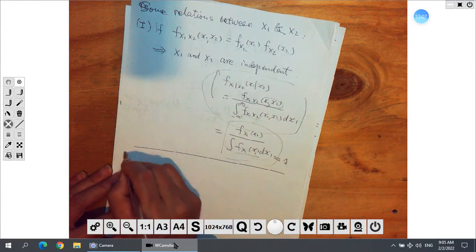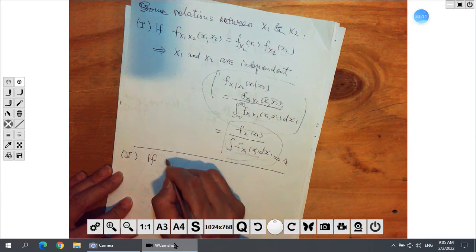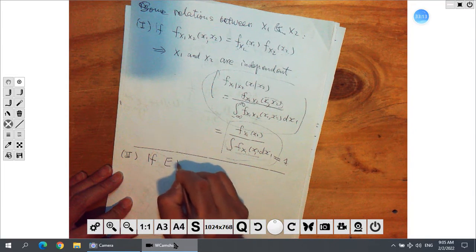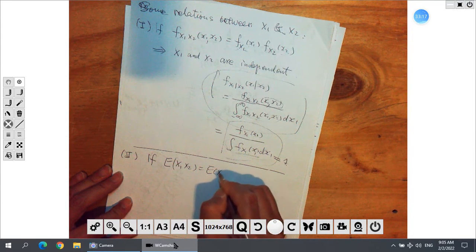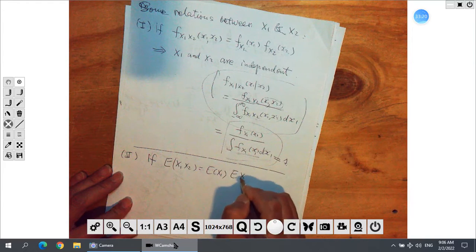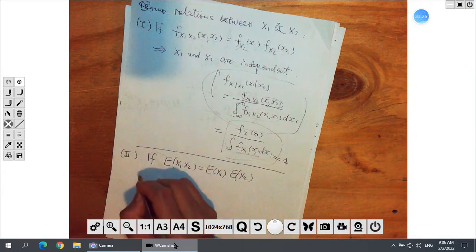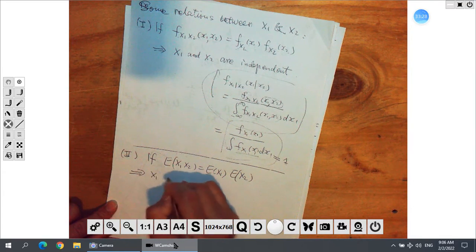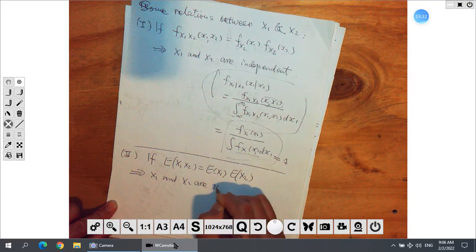And the second kind of relation: if E of x1 x2 equals E of x1 times E of x2, in this case we call x1 and x2 uncorrelated.